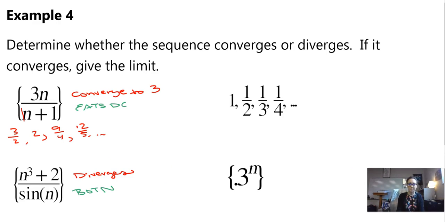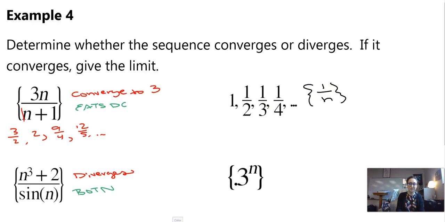Okay, so we've got 1, 1/2, 1/3, 1/4. Can you write this as a sequence, as a formula? Like 1 over n, where n starts at 1. So we'd have 1 over 1, which is 1. Next one will be 1 over 2. Next one will be 1 over 3, because n runs over your positive integers, okay?